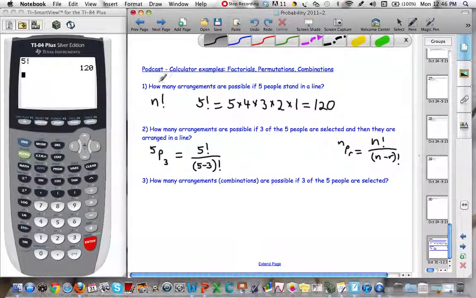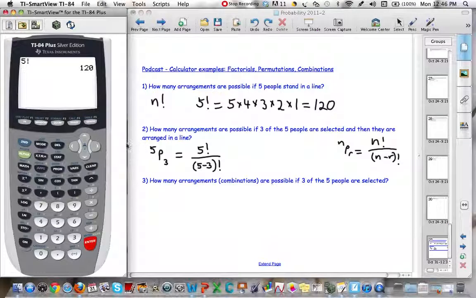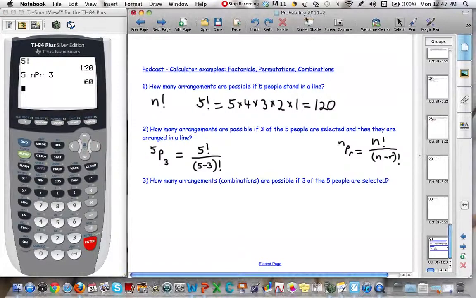This would be a little more time consuming, and so what we're going to do on the calculator, again, is start by typing the number 5, then go into the math probability menu, and you'll see the second one, nPr. We've typed in n, the total number of people, and so we're going to select nPr, 5 nPr, and in this case it's the number of permutations of 3 people selected from the group of 5, which will yield the value of 60.